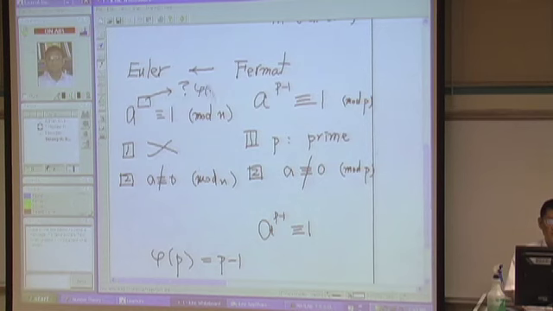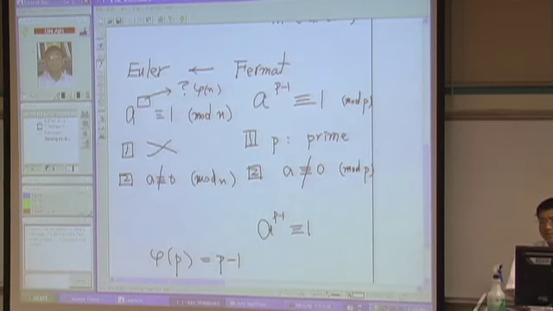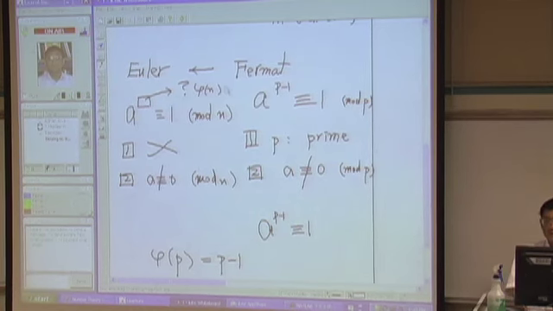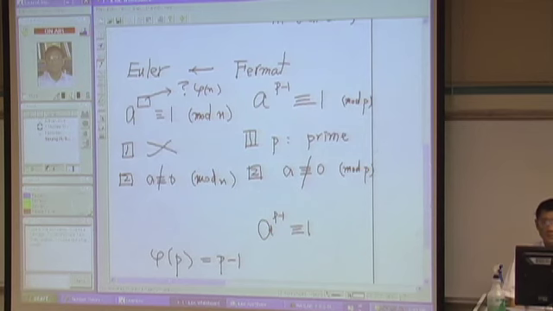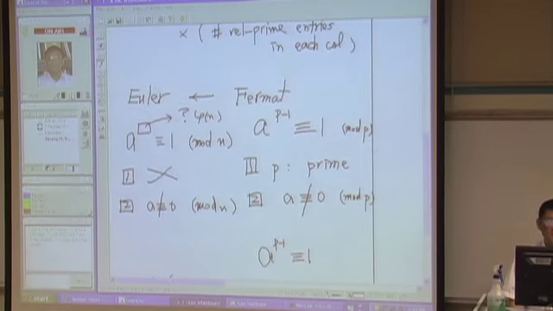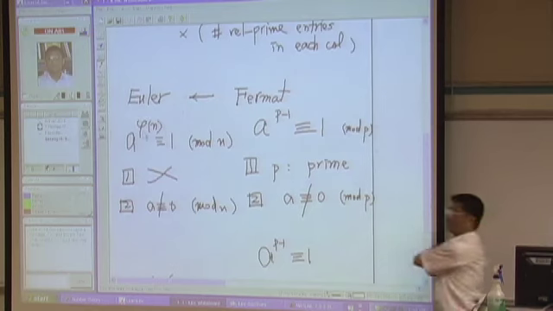Is it a legitimate guess? And the answer is yes. So Euler's theorem is nothing but this thing replaced by phi of n. This is Euler's theorem.